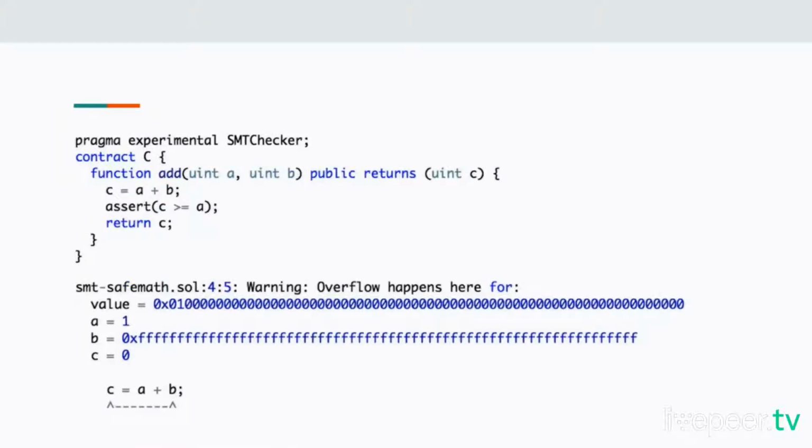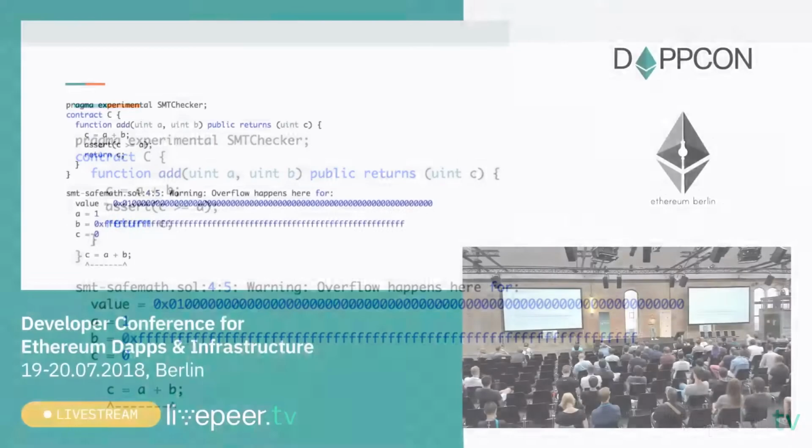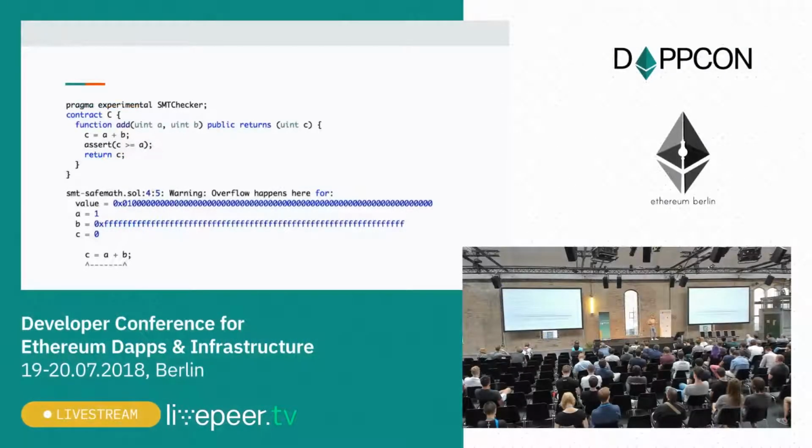Another example is the well-used SafeMath add operation. So let's see if our SMT checker can give us any indication that this SafeMath works or not. So it gives us an example case of input values where this statement is going to overflow. So it is telling us that if A is 1 and B is all bits set, then on an unlimited bit length, this is the value we're going to get.